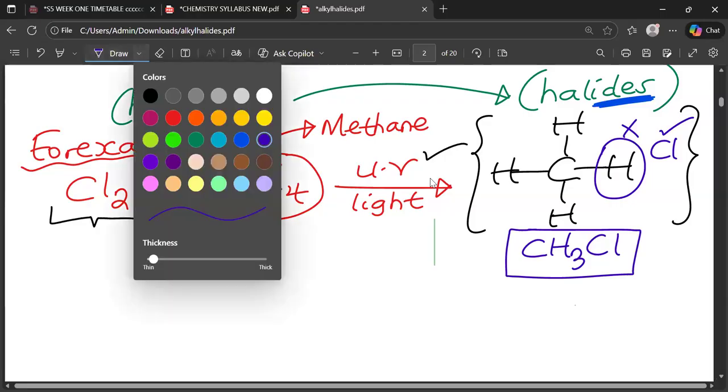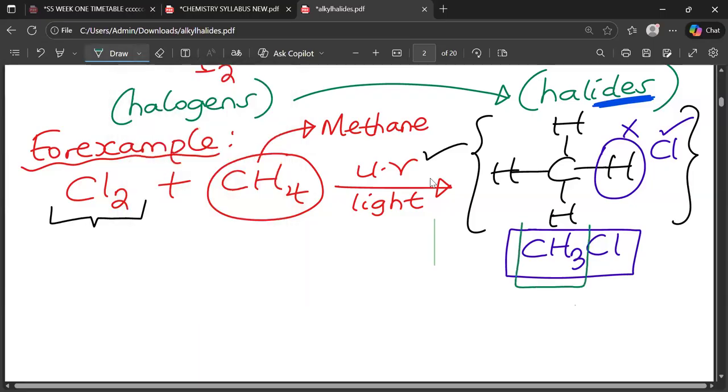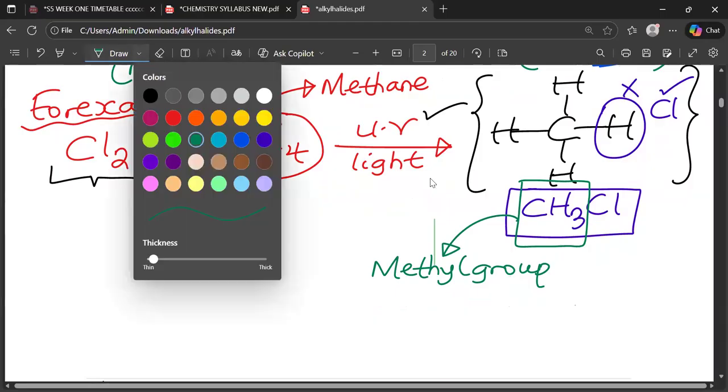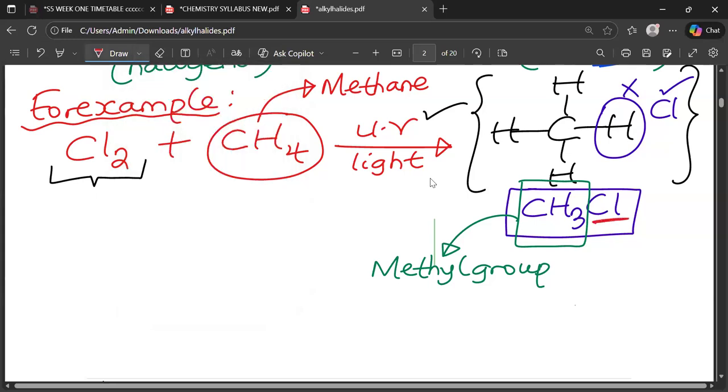So when you look at this, I want to remind us that this CH3, you all know that it's what we call the methyl group. Methyl group, and you all know when chlorine reacts, what you form is a chloride.